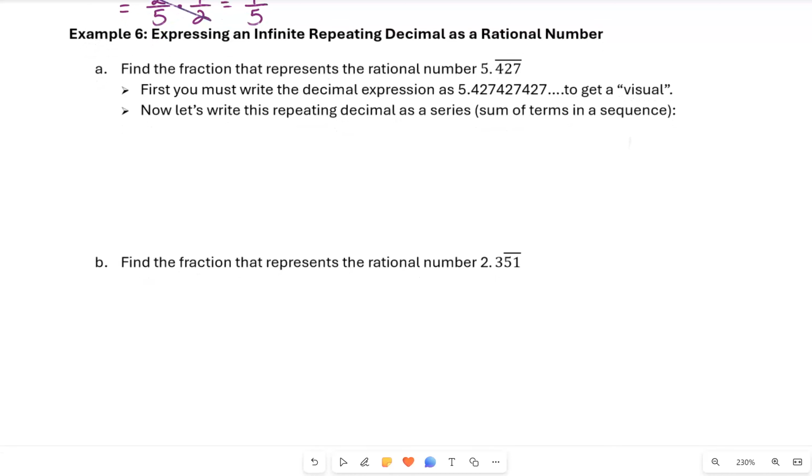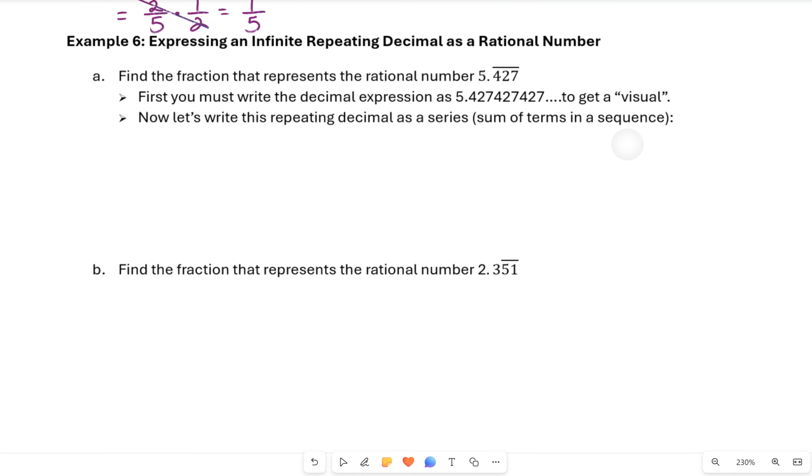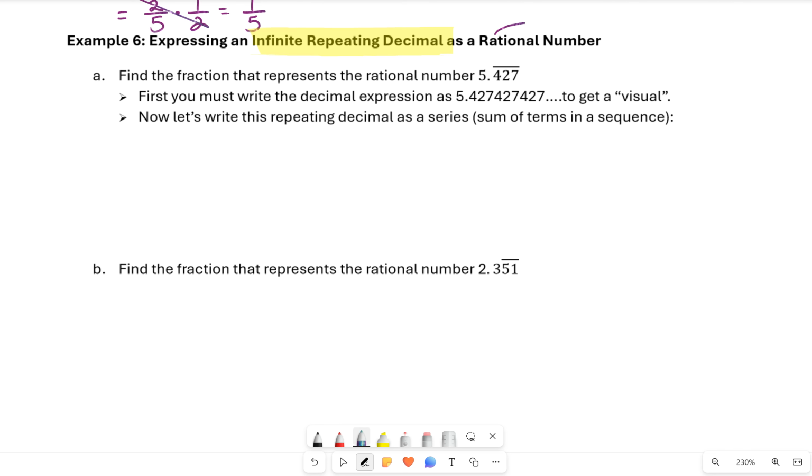All right, last but not least, I need you to be able to take an infinite repeating decimal and convert it into a rational number. Rational number is just another word for fraction. Notice I'm giving you a repeating decimal of 5.427 repeating.